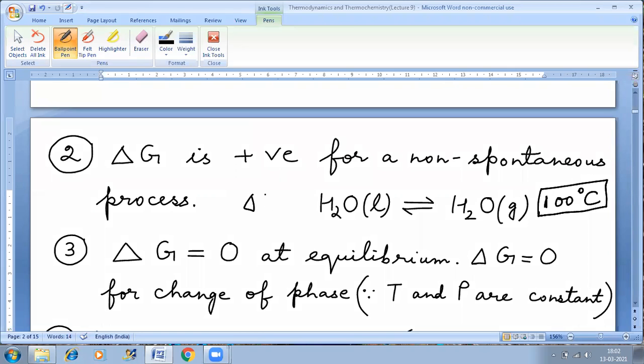So again, I will say that delta G is equal to 0 for this process at 100 degrees Celsius. So for any phase change at constant temperature and pressure, the value of delta G is 0.